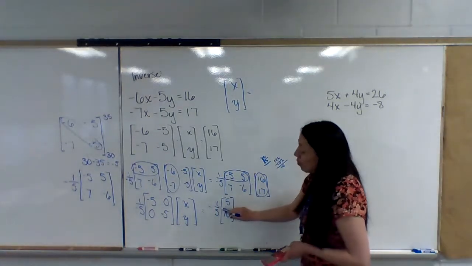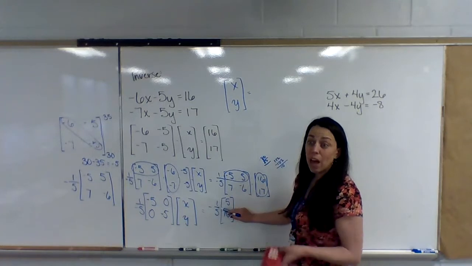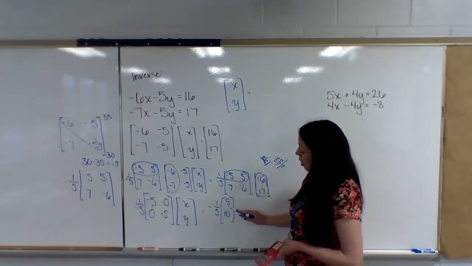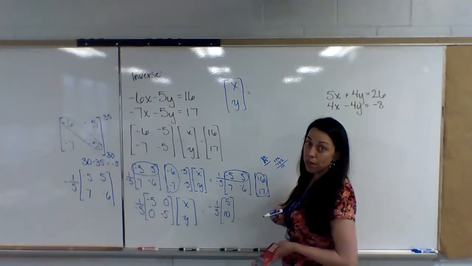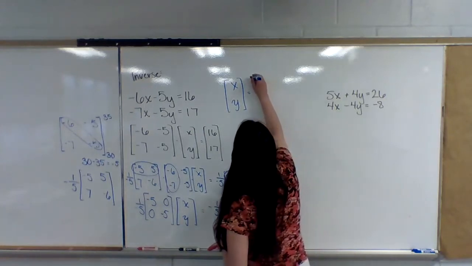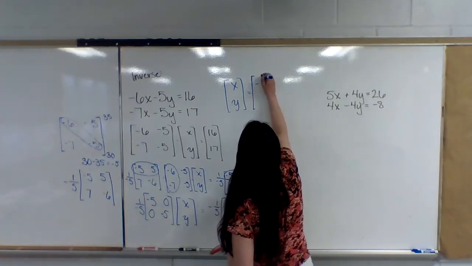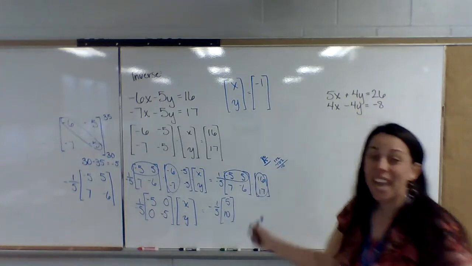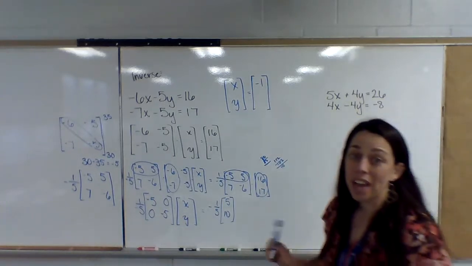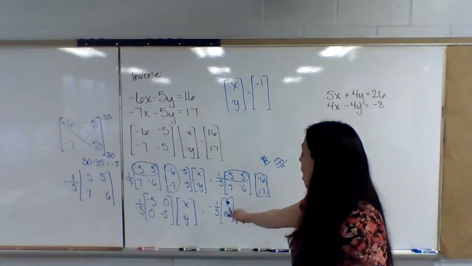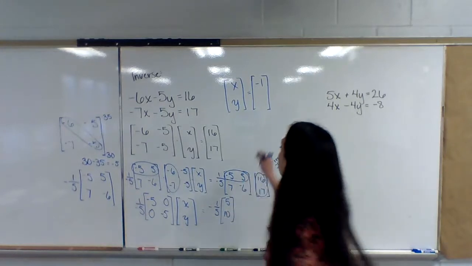But guys, that's before I have this 1/5 out in front. That 1/5 is very much like distribution. You're going to take 1/5 times 5. That gives you 1. Excuse me, I'm sorry. The 1/5 was negative, so -1/5 times 5 gives you -1. -1/5 times 10 would give you -2.